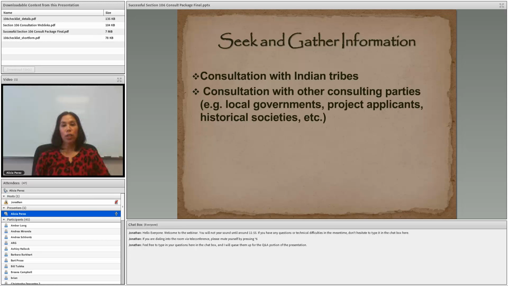Again, you don't need to include all of your correspondence. So for instance, if you sent the same letter to all of the tribes on your contact list or same letter to historical societies, you don't need to send copies of every single letter. Just include maybe just the template letter is completely fine. And try not to leave the results of your consultation kind of hanging out there in space, so to speak.